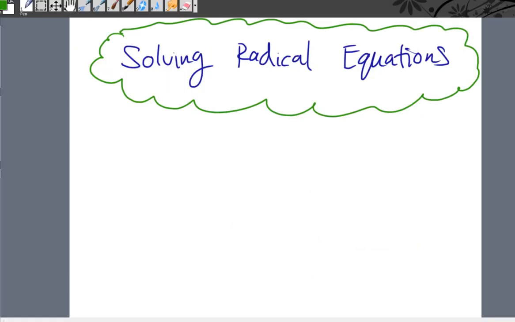Okay, so let's start simple. Let's start off with an example. For the first example, we want to solve for x. Let's say we have the square root of x minus 9 equals 5.